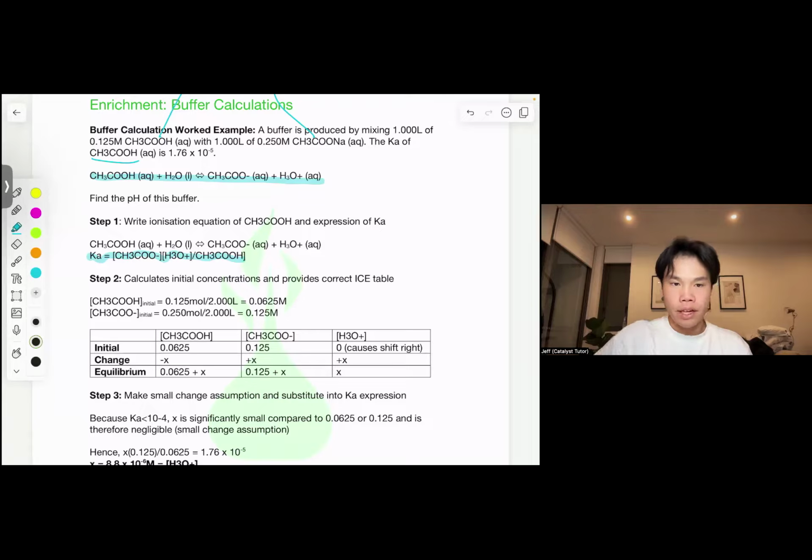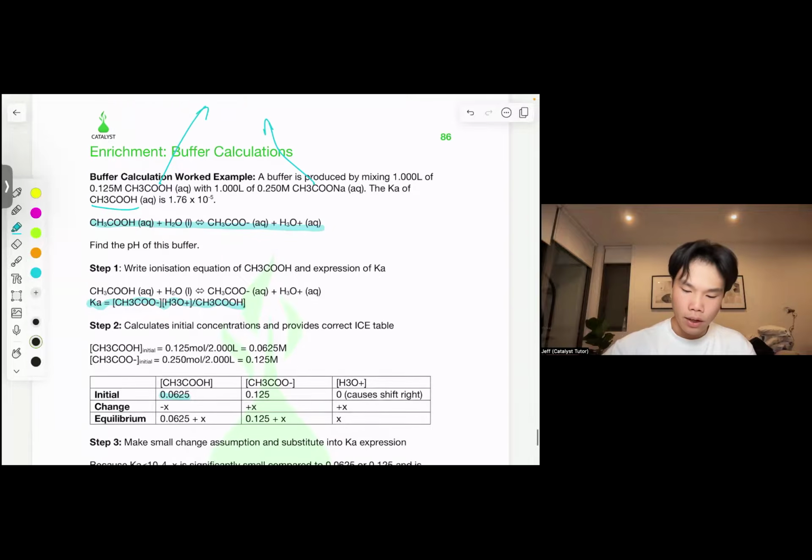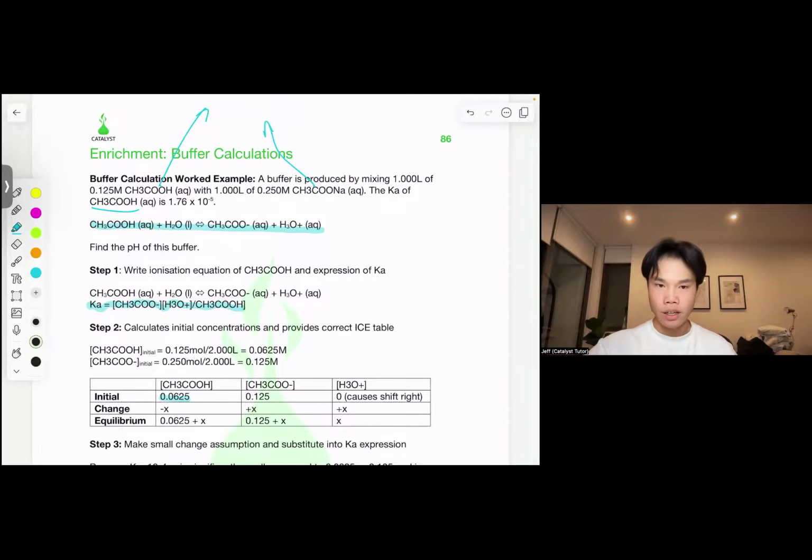To find the pH at equivalence, or at equilibrium rather, you need to find the concentrations of each part in terms of X. If you start with 0.0625 of acetic acid, you show that as the initial. So this initial column, to be really clear in your ICE box, you imagine it as your acid and base before anything has dissociated.